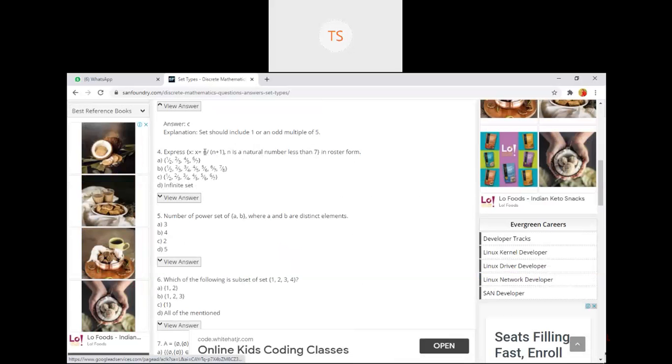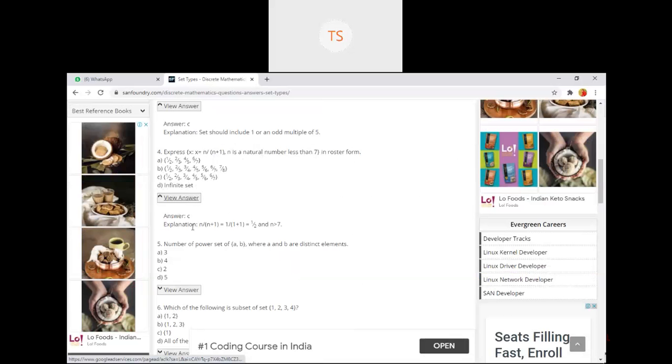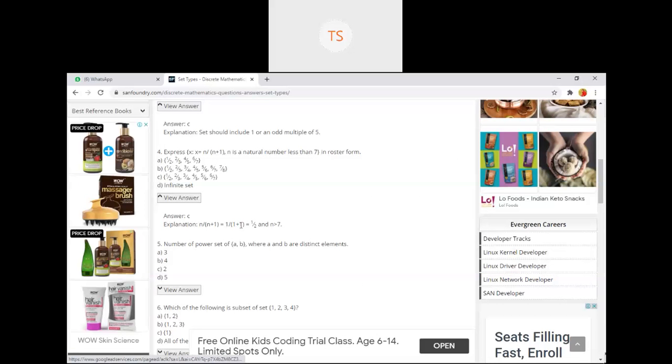Next, if I take 2, then 2 by 2 plus 1, 2 by 3. Then n equal to 4 gives 4 by 5, then 5 by 6, 6 by 7. Which is the correct option? Option C is correct, because n by n plus 1 for n equal to 1 is 1 by 2, and n is less than 7.